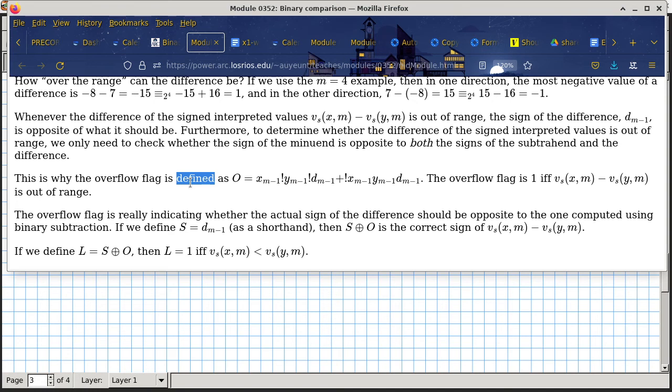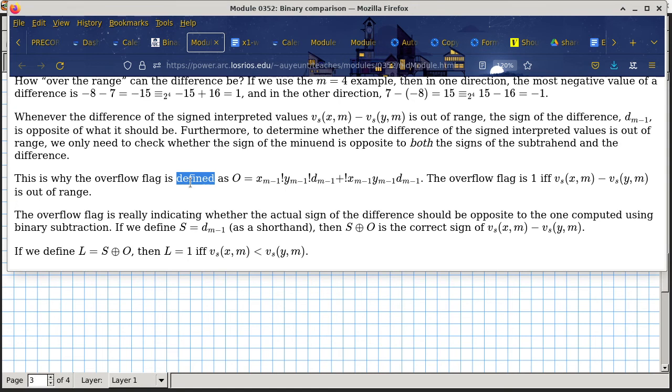I don't need to care about what the other bits are. I just know that it is negative. So that means the most significant bit of x and the negation of the most significant bit of y and the negation of the most significant bit of d or blah, blah, blah, that is of significance somehow.